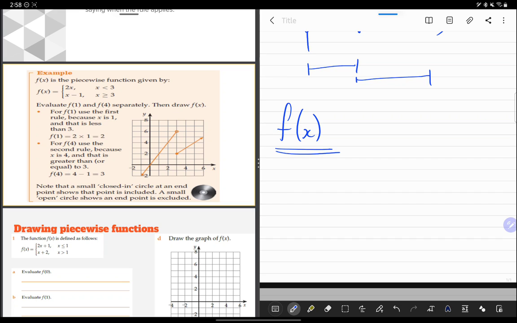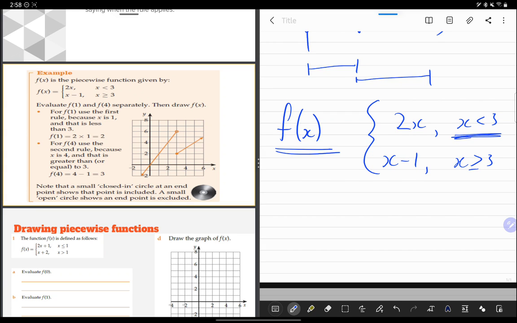Now, in this example from the slide, we have something that's drawn like that, and it's 2x for this part, and x minus 1 for the other part.